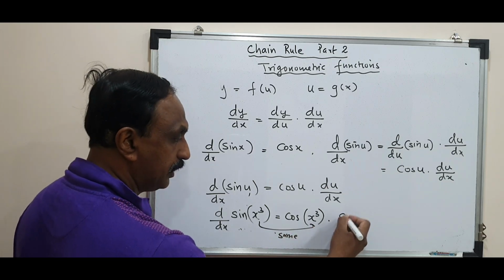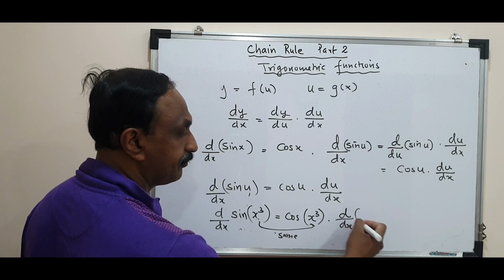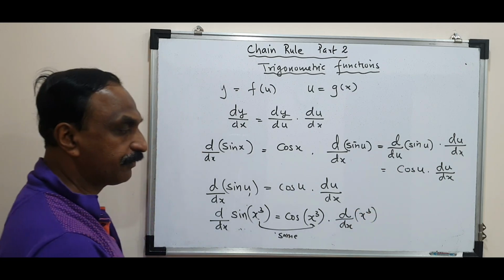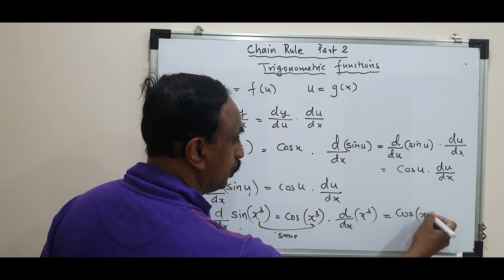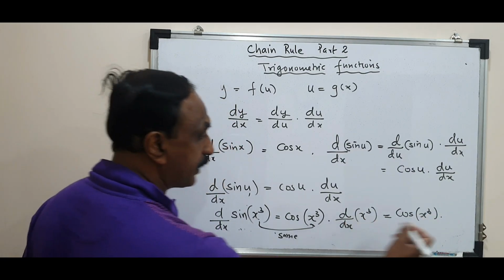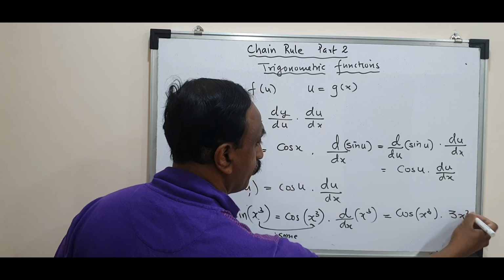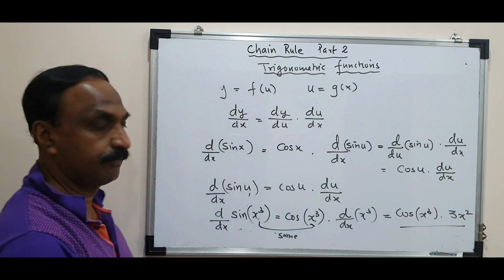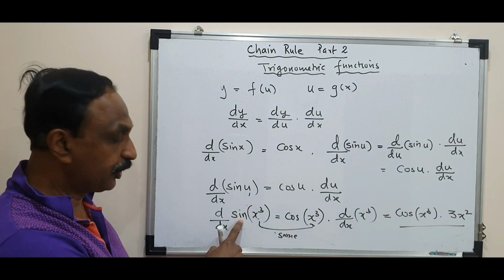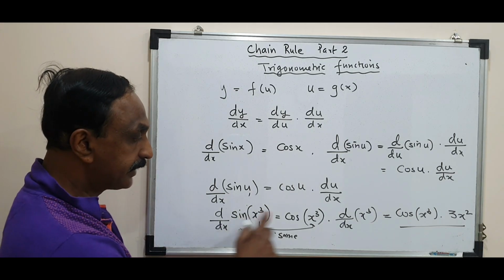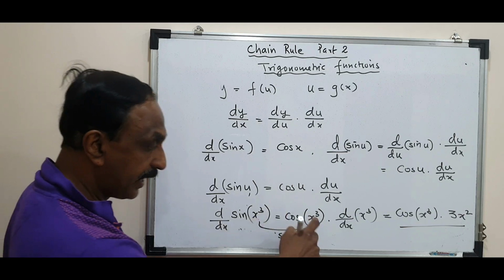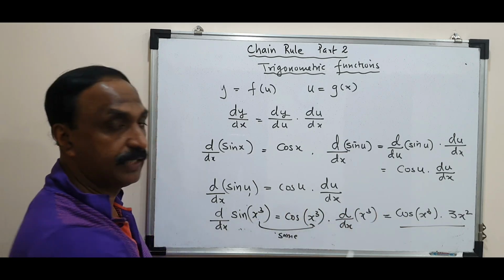Then, what more? Derivative of the angle part. So your answer became cos of x cube into derivative of x cube, that is 3x square. That becomes your answer. So whenever we are applying a derivative of a trigonometric function, when the angle and the variable of differentiation are different, the trigonometric part changes, angle does not change, derivative of the angle again.